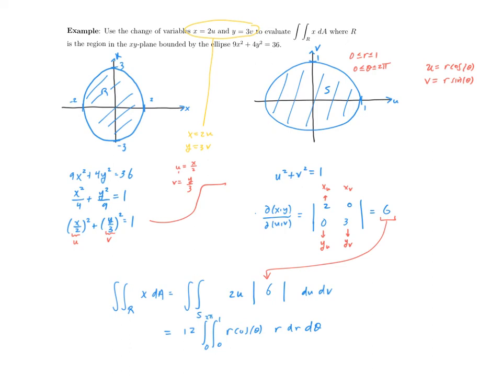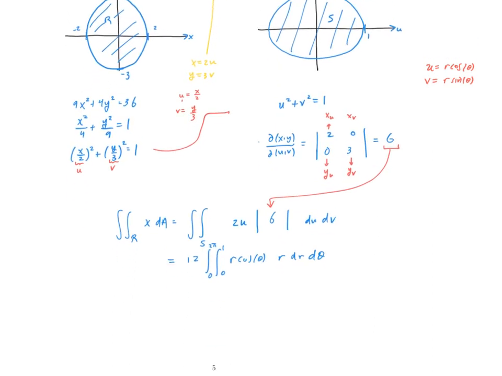And what remains is an extremely reasonable and efficient integral for us to evaluate. It is the ideal scenario. You're integrating over a rectangle, i.e. all constants of integration, and your integrand is a function of r times a function of theta.